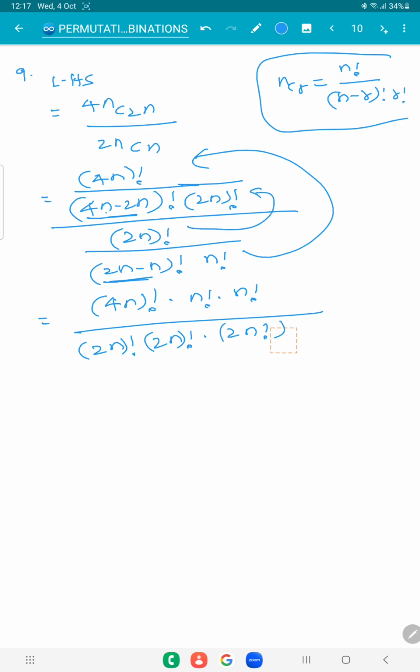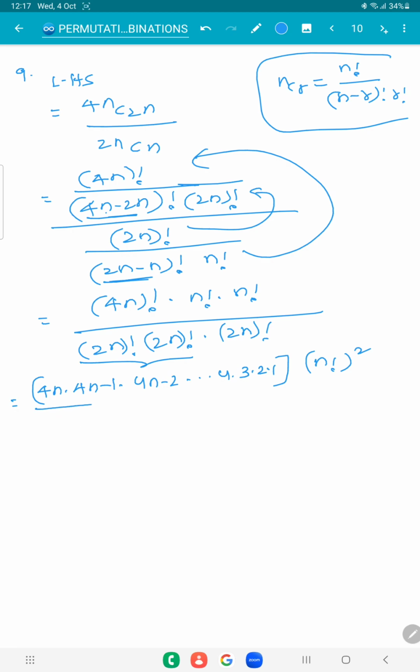So 4n factorial can be written as 4n, 4n minus 1, 4n minus 2, and so on, 4, 3, 2, 1, into n factorial whole square.